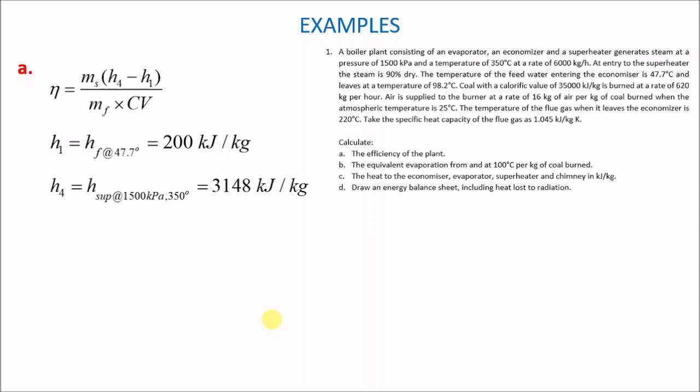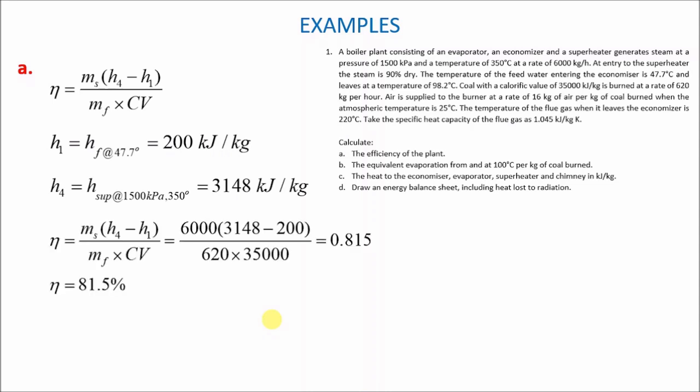So now we have H1, we have H4, MS, MF, and CV are given in the question, so you can then go directly and find the efficiency of this particular steam plant. And what you get is 81.5%. Really important.